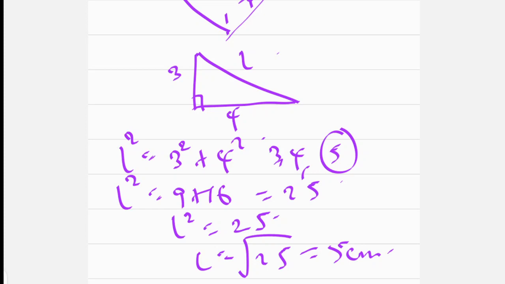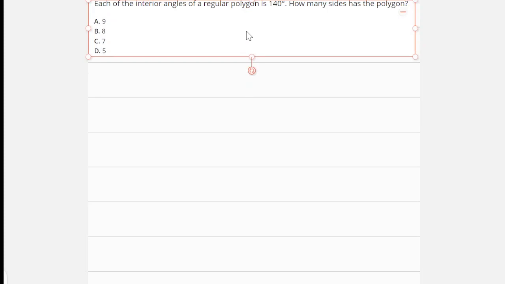Okay, the next question, question 19. That is not difficult to do as well. Each interior angle of a regular polygon is 140 degrees. The question asks us to find how many sides the polygon has.